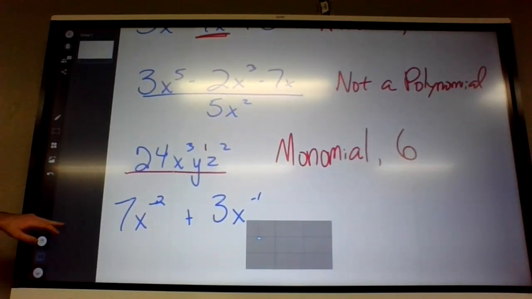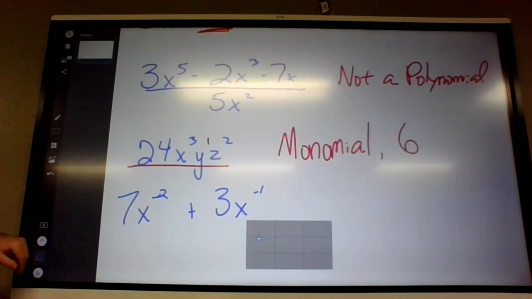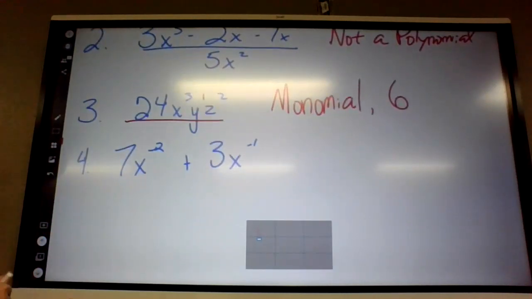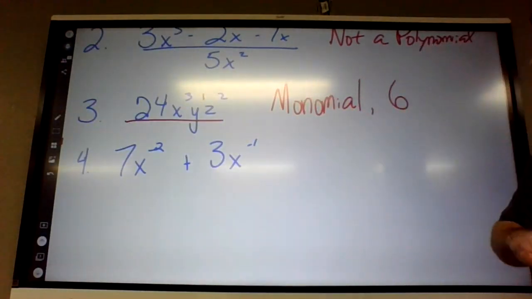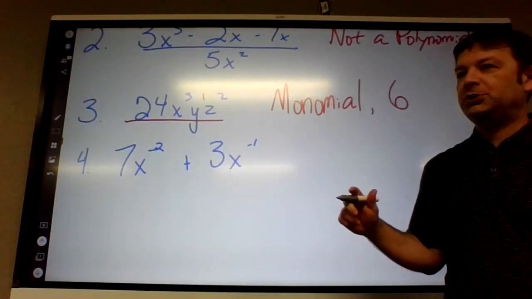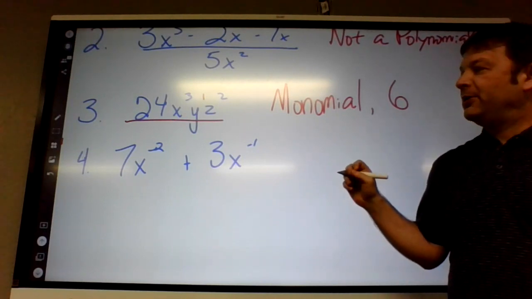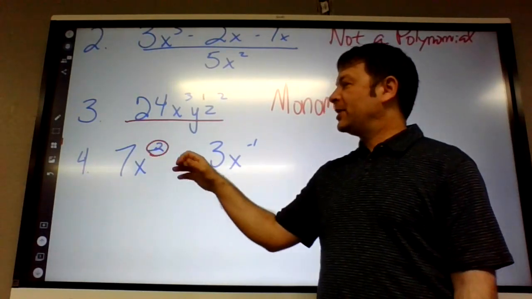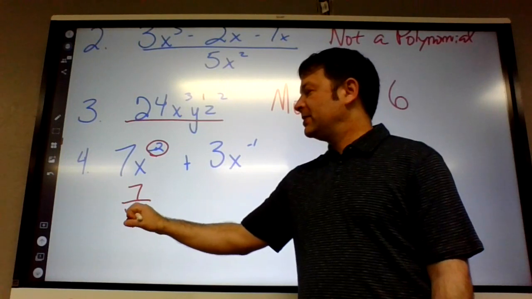Alright. And I guess we're confused since we're going backwards. Let's go in opposite order. So AJ, how about 4? Okay, it would be a binomial except for it's got negative exponents. Do you guys remember what negative exponents mean?